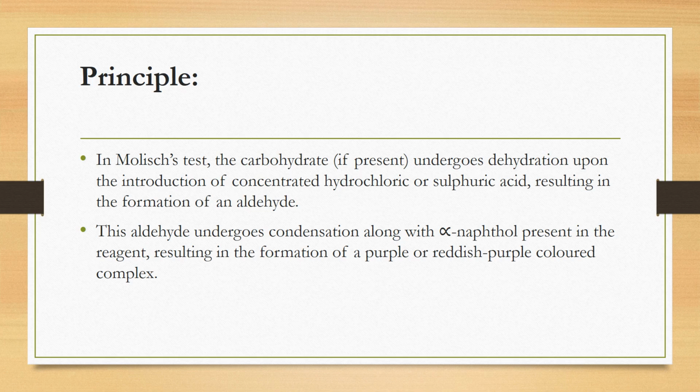Again, the carbohydrate, if present, that means if the sample contains carbohydrate, undergoes dehydration upon the introduction of concentrated hydrochloric or sulfuric acid. That means when we add concentrated hydrochloric or sulfuric acid, it results in the formation of an aldehyde because of the dehydration by the acid.